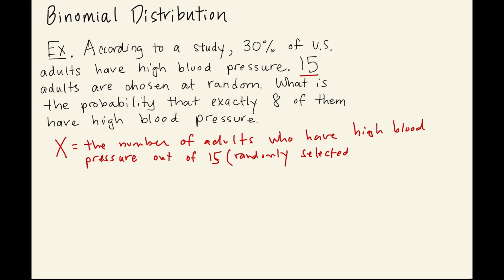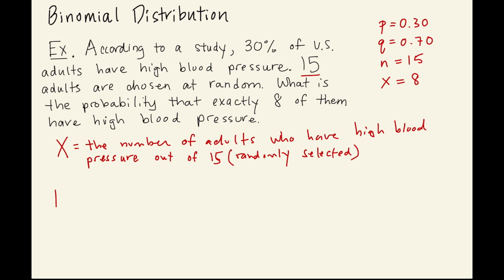Okay, and let's just take note that for this binomial distribution, P is 30%, Q is the complement, so it's 1 minus 30% or 70%. There are N equal 15 trials, and X, the number of successes we're interested in, is 8.